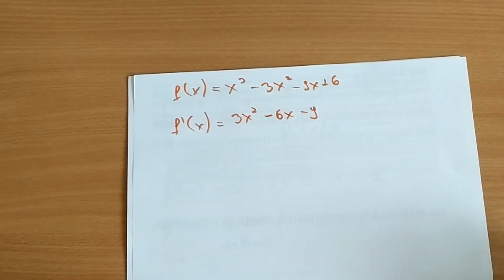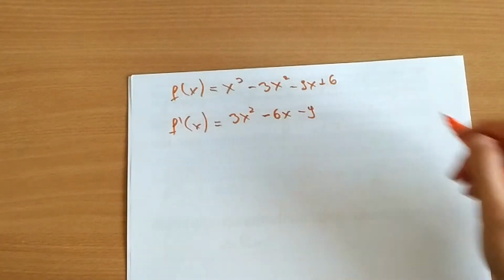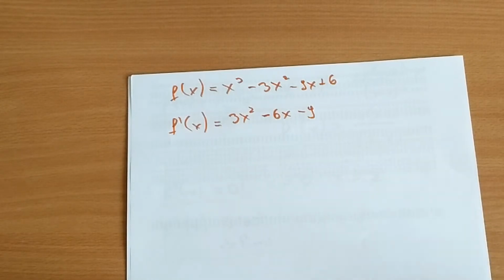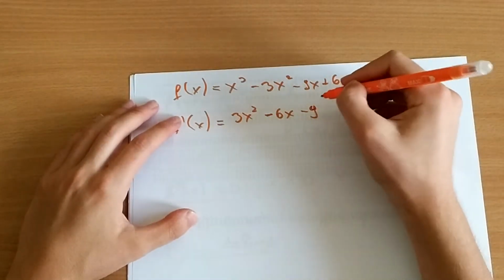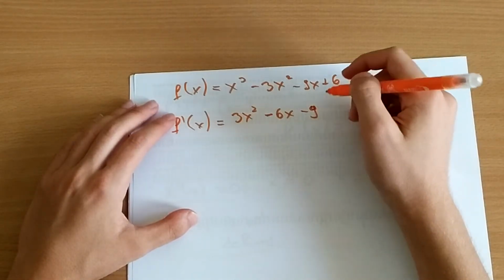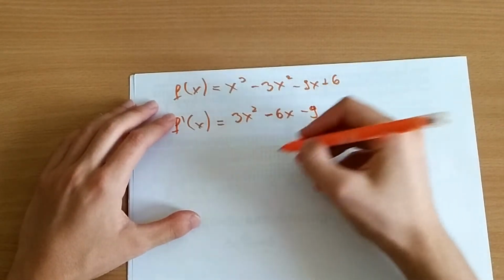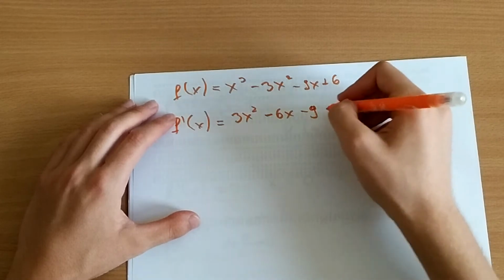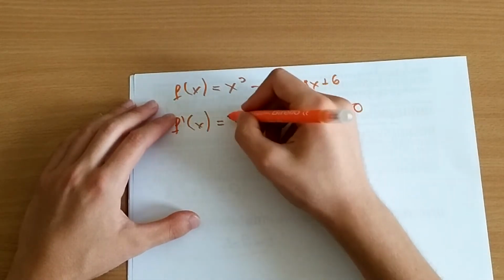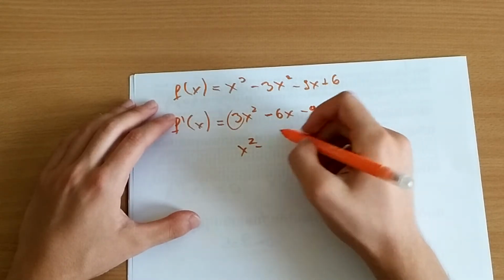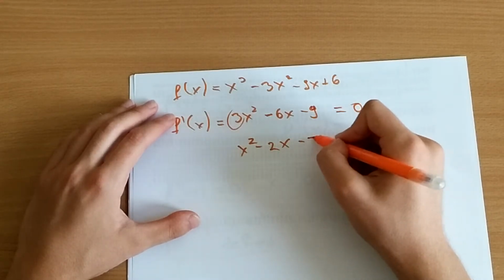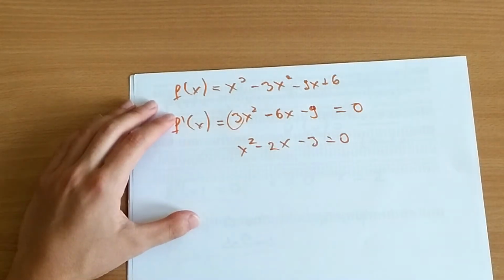This is a quadratic equation, and it needs to be either undefined or 0, since we're looking for critical points. Since it is a continuous function, the derivative cannot be undefined, so we need to find the zeros. I think we can factor out a 3, so x squared minus 2x minus 3 is equal to 0.